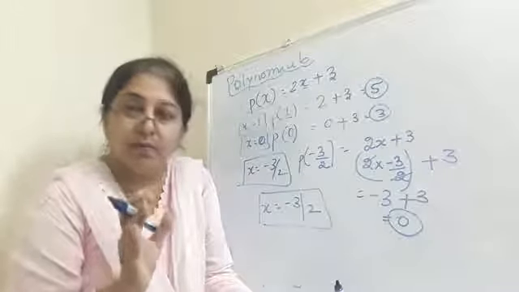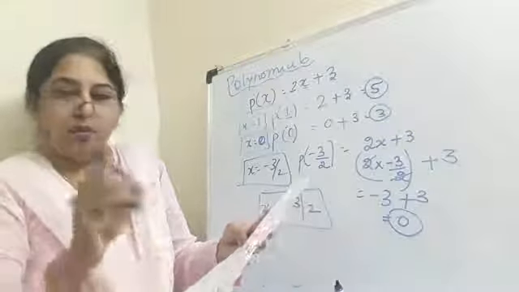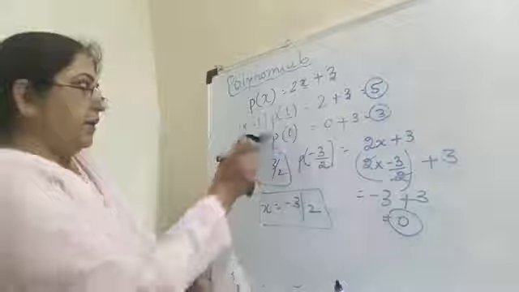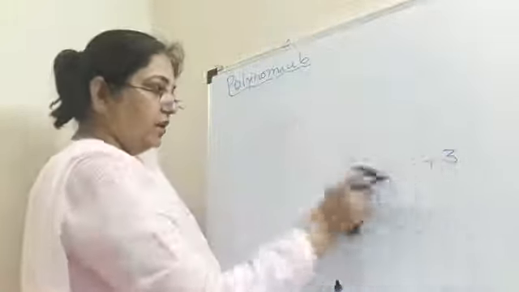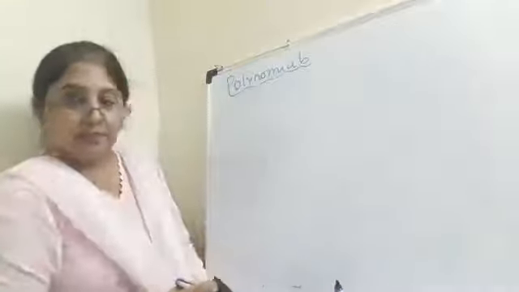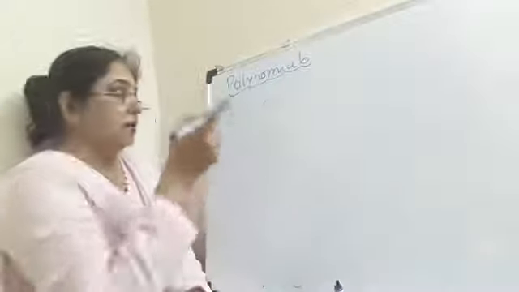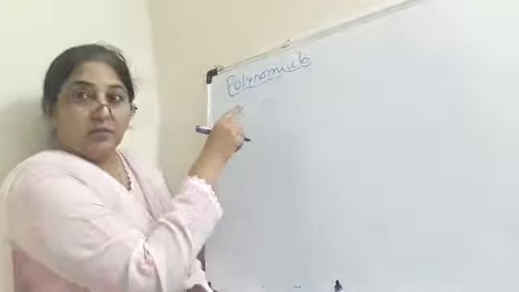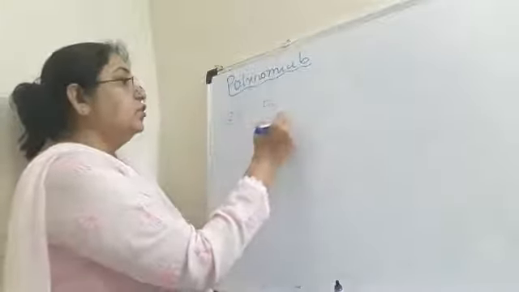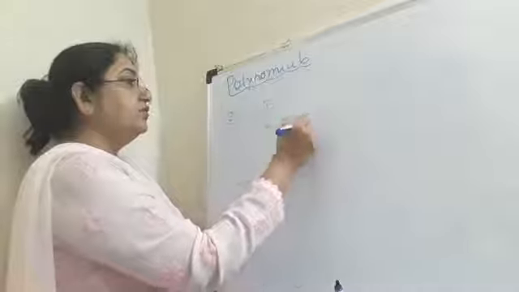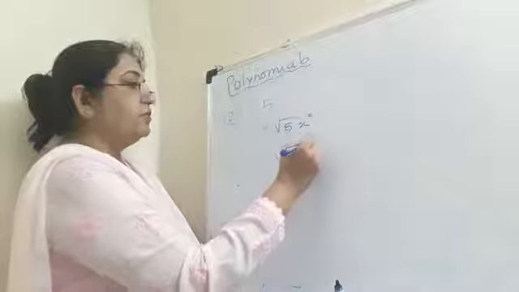Next, write the degree of the polynomial root 5. I repeat, write the degree of the polynomial root 5. What is root 5? Root 5 is a constant term, right? If we have to write any constant in terms of the degree, I explained this also. Root 5 I can write as root 5 x to the power of 0, or I can write root 5 y to the power of 0.